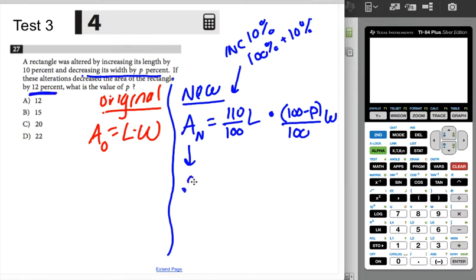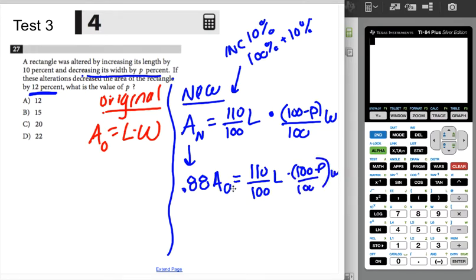So I know that this is 0.88 of the original area. So this is actually enough information for me to find p. It's just going to be a little bit ugly, but we can make it happen. So I have this 110 over 100 times L, and I have this 100 minus p over 100 times W, and then I know that it's equal to this thing, which for the record is length times width.